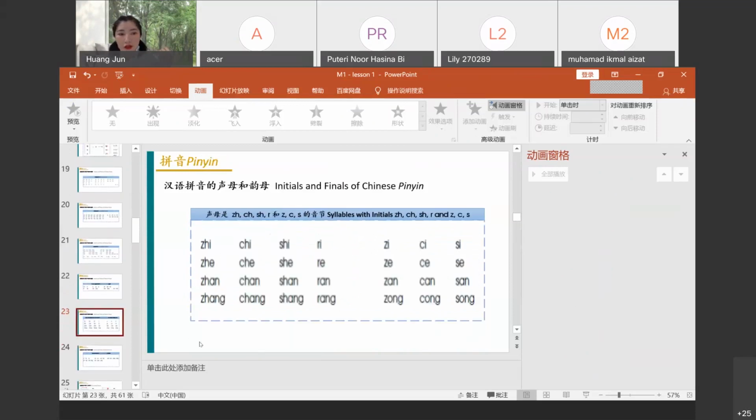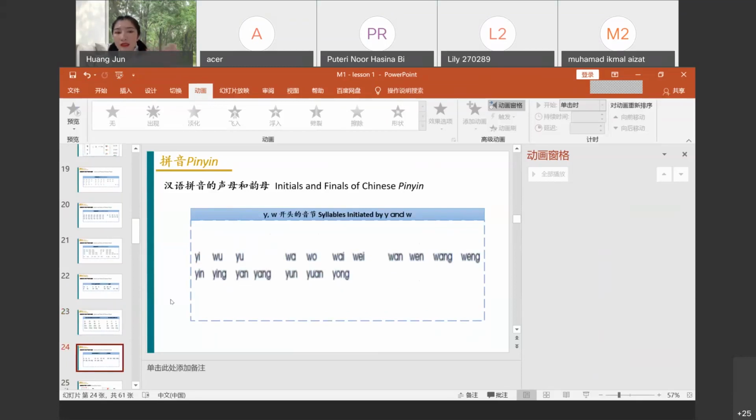They teach you how to read all the syllables in Mandarin. Okay, you will join a listening test in the future. In the listening test, we read and then you have to understand what you have listened to. So that's why your listening is very important. Listen to the MP3, make sure you quickly become familiar with how to pronounce every syllable in Mandarin.